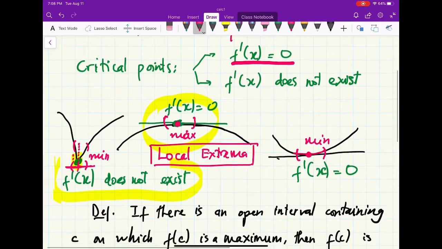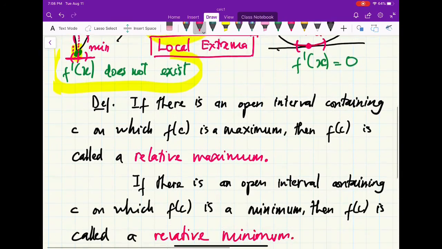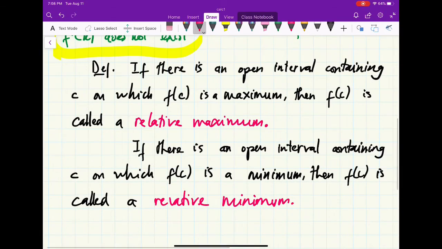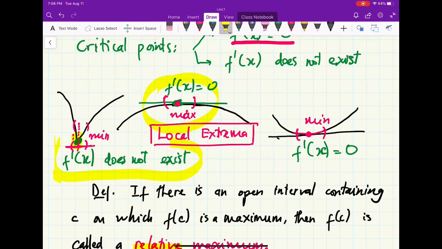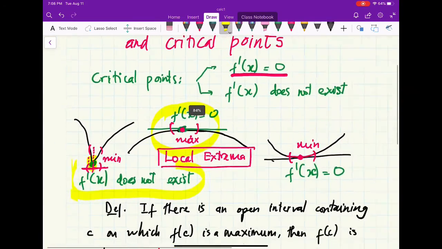So based on this observation, let's move to the definition of local extrema, or sometimes we say relative extrema. Okay, so if there is an open interval containing c on which f(c) is maximum, then f(c) is called a relative maximum. That's what we're seeing here in this picture, right?